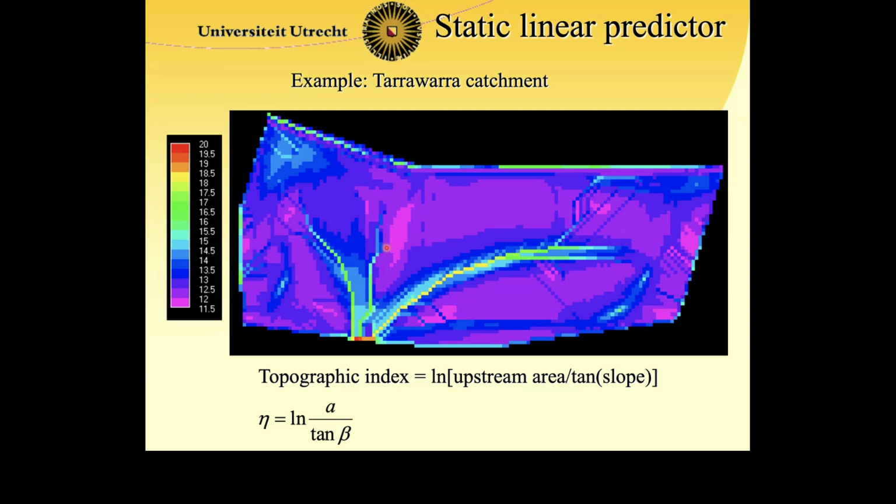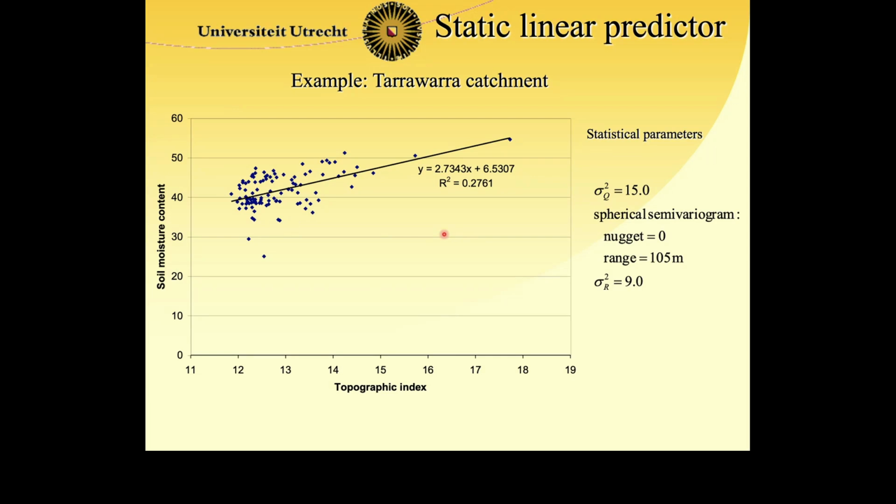Now, if we do a regression between this map of topographic index and our observations, we have 103 observations where we have soil moisture and topographic index, and we make a scatter plot of that. You can see there is a mild relationship. If the topographic index becomes larger, soil moisture content becomes larger as well.